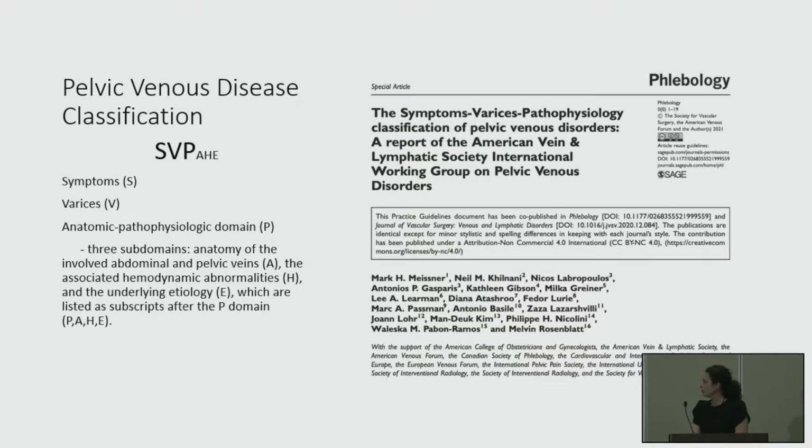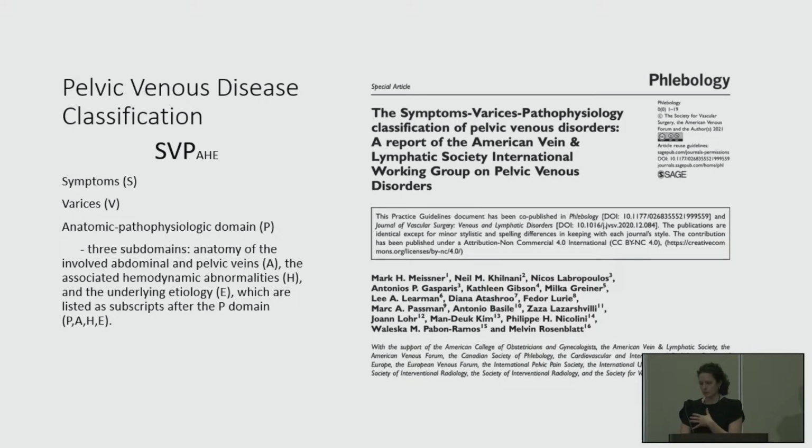So they're breaking it down into symptoms, varices, and anatomic physiological domain. You can see at the top there, SVP-AHE. The A stands for abdominal or pelvic, H is for the hemodynamic abnormalities, and E is for the underlying etiology. So it's really honing down on where these patients presenting with their symptoms, where their varicosities are shown on their legs, or is it only belly?